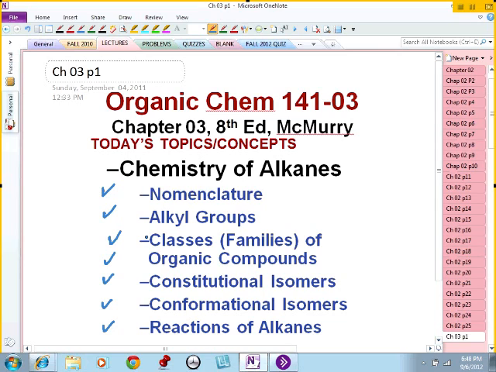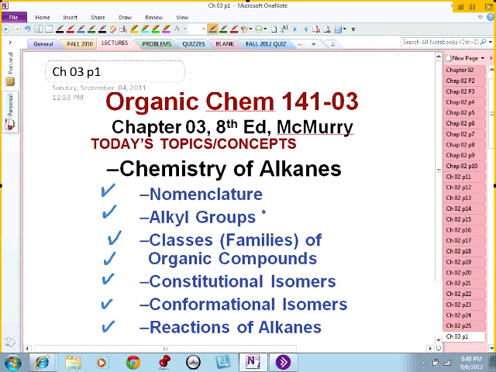This is actually the beginning of organic chemistry. So all we have been doing so far is just laying the foundation for organic chemistry, giving you some of the basic principles and concepts, and all of those principles and concepts, we are going to begin to use them going forward. So now we're going to start the chemistry of alkanes.